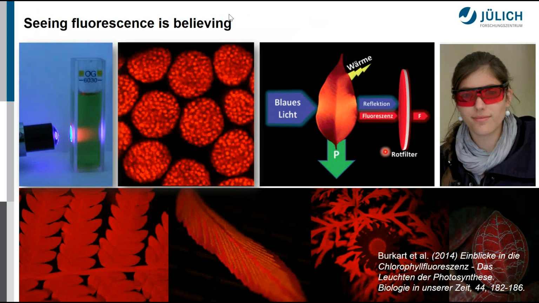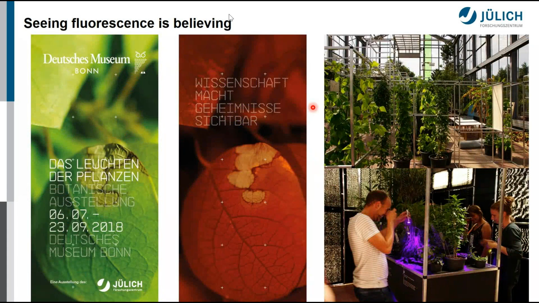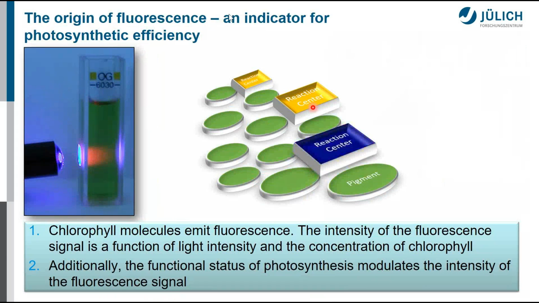Normally you cannot see it, but it really exists. And in the past years we have made quite some effort to develop easy approaches where you use colored goggles, filter glasses, and specifically blue light to make this red glow of plants visible to the general public, to pupils, to students, to convince a wider audience that this red light is always emitted and that plants are not only green, but also glow red.